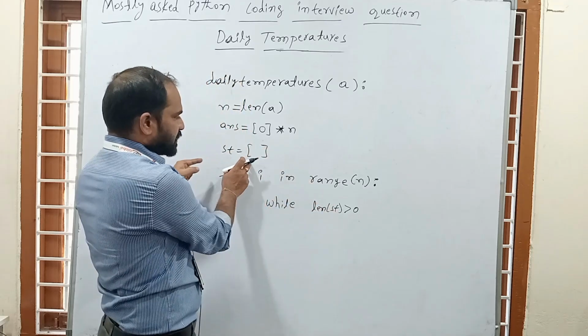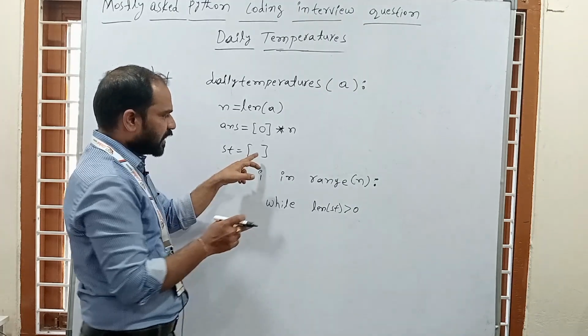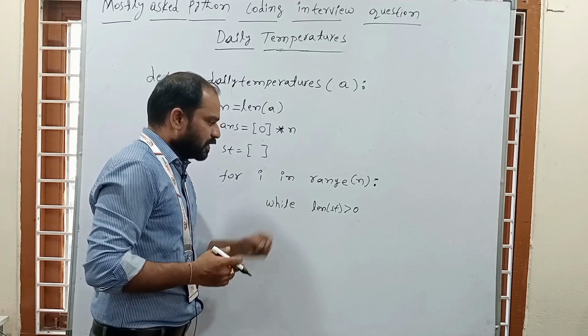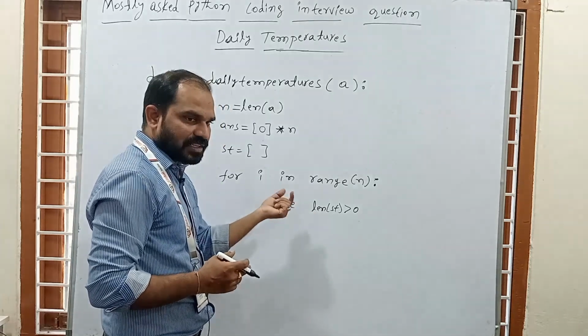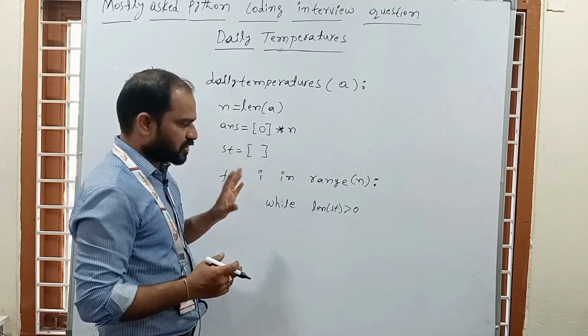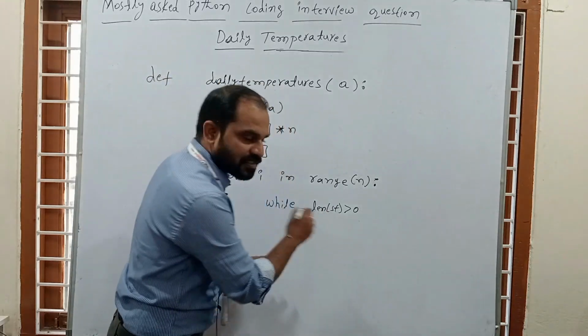Whenever this list is empty without having any index numbers, we cannot go forward, right? So whenever that list is empty, we need to append that index number into the st, right? So that's why we are taking this condition.